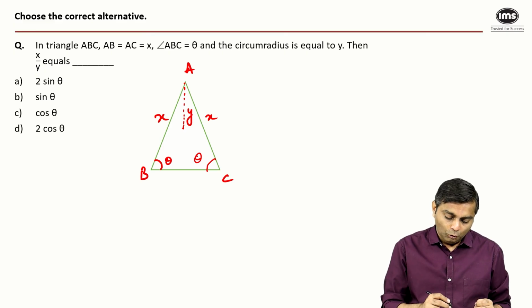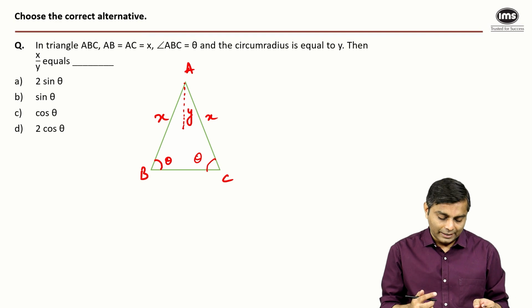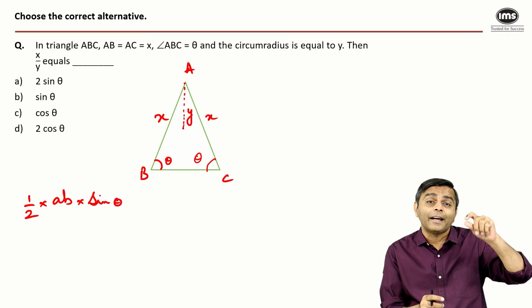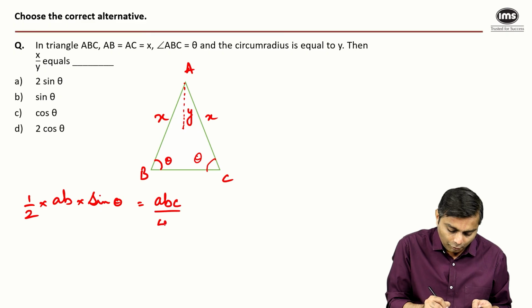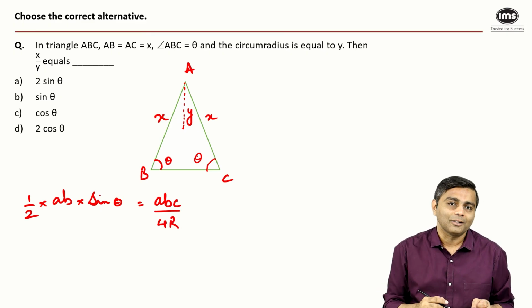The only formula that I know connecting circumradius and the sides is the area of the triangle formula, which is half into AB into sine theta. Obviously, the theta here is the angle between AB and AC. And this is nothing but the product of the three sides, ABC, upon 4R. This is also the formula for area of a triangle, capital R being the circumradius.